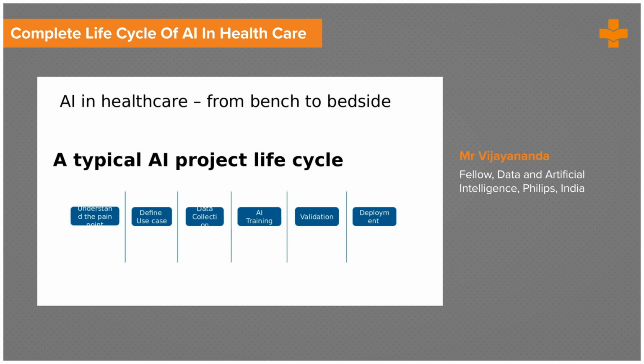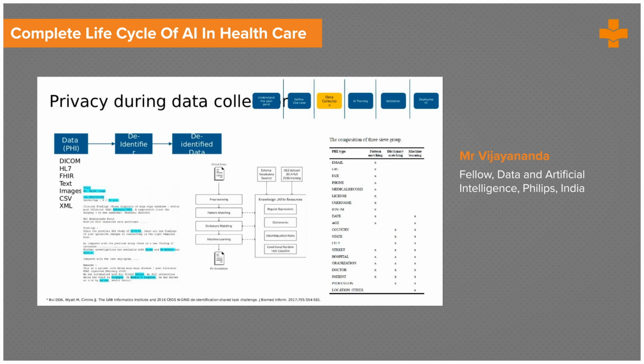One is data collection, where you collect the data for the training purposes. Then you do the actual training, you do the validation, and finally the deployment. Now let's see what are the different steps that go into each of these different phases.